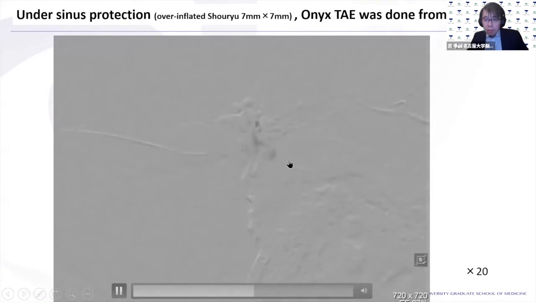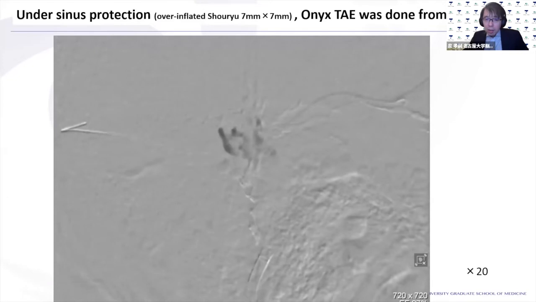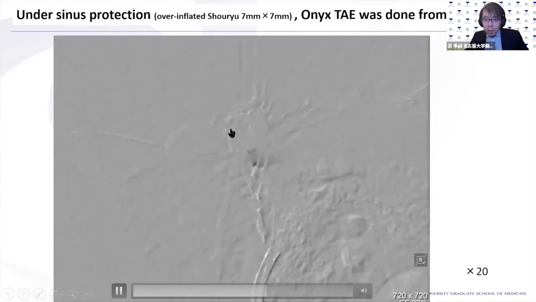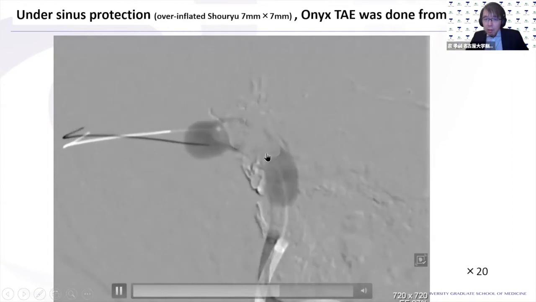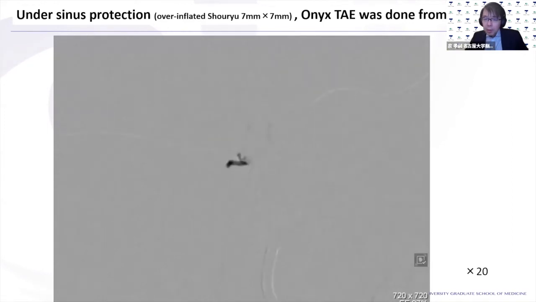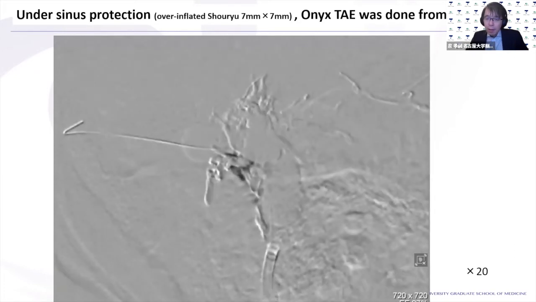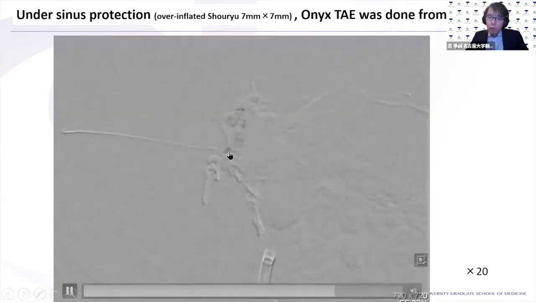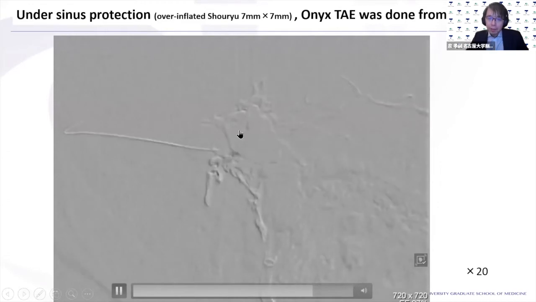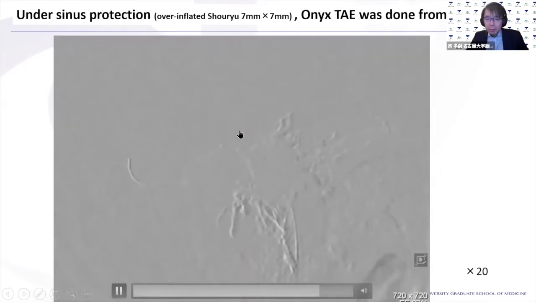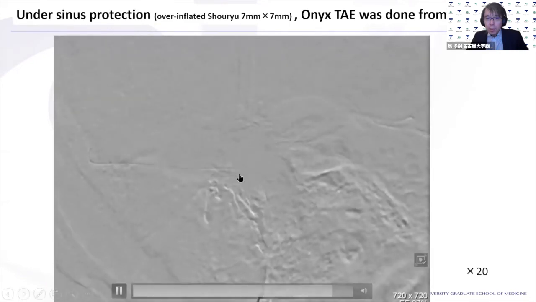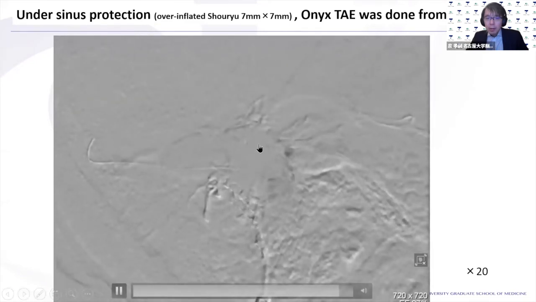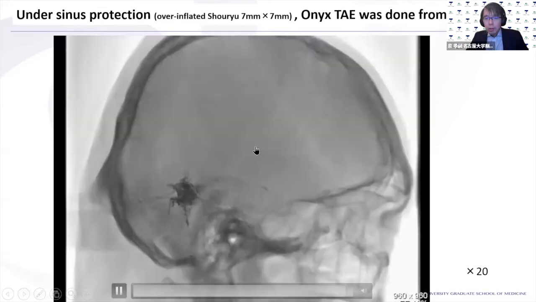Not only this, embracing this arterial network, I think, has an effect to prevent the recurrence of shunt. Very many arterial networks were embraced.